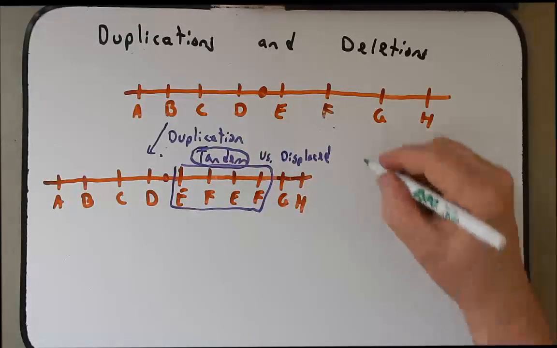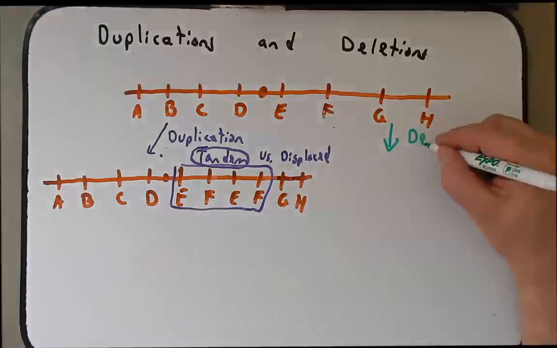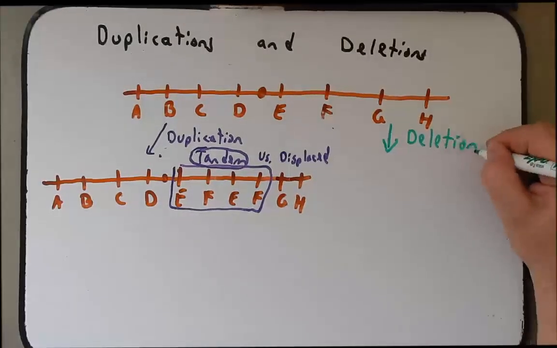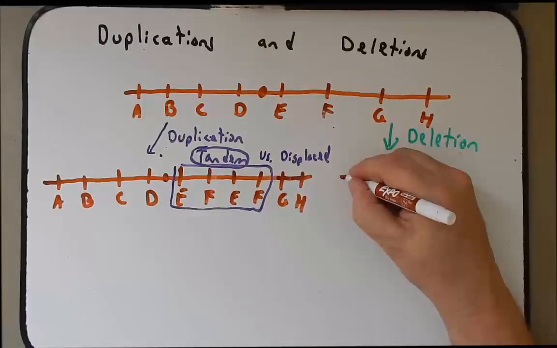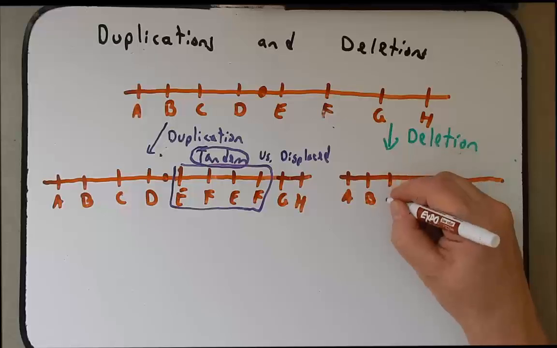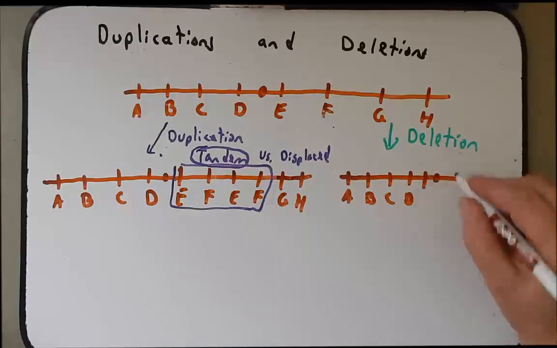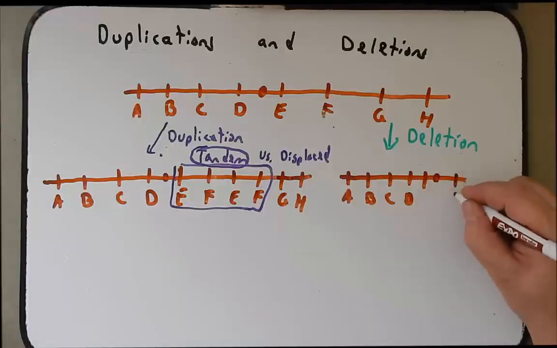Now, while we have it here, let's talk about how this would appear if there was a deletion. Again, it's not going to be the whole chromosome that's deleted, just a part of it. So let's show our chromosome that contains a deletion. So I have our A and B, our C, our D, but let's say we have lost E, F, and G. We just have H here.